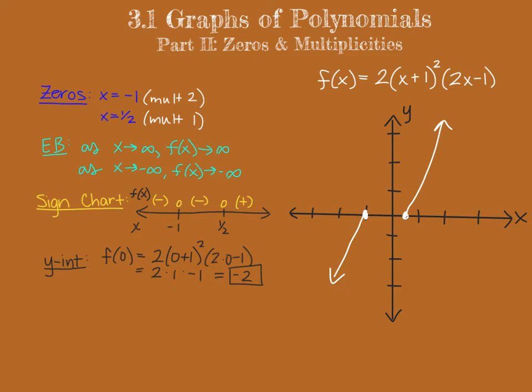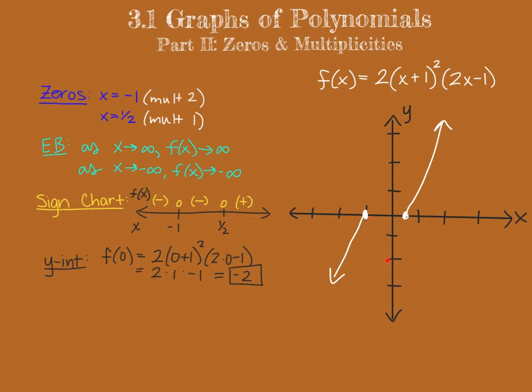All right, the next thing I'm going to use is the sign chart and understanding how that goes with the multiplicities. So it looks like in between when x is negative 1 and x is 1/2, in between here and here, our polynomial f of x has negative outputs, meaning it exists down here. And that is reinforced by the fact that the y-intercept is negative 2.